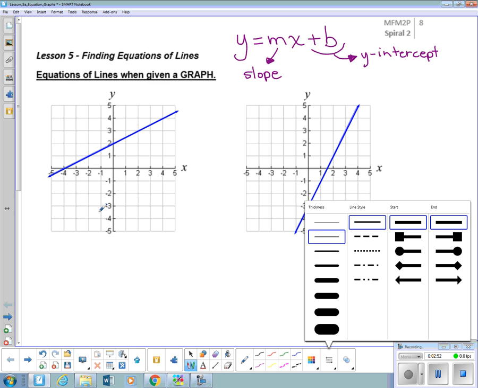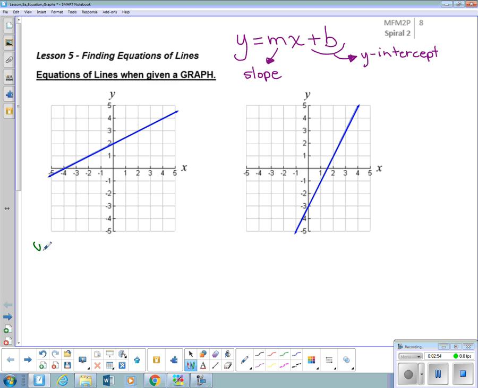So let's actually look at these equations now. To make the equation, as I said, I need to be able to fill in m and b. So going to our diagram, it's probably easiest to find b first. If I follow y all the way down, I can see that it crosses at 2. So I'm just going to write here to the side b equals +2.